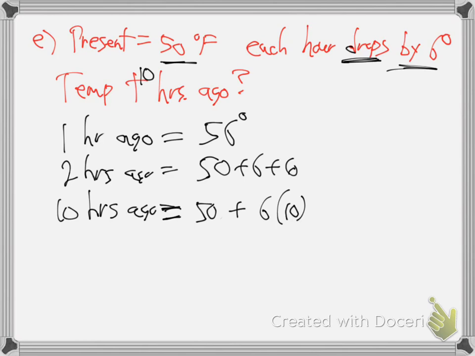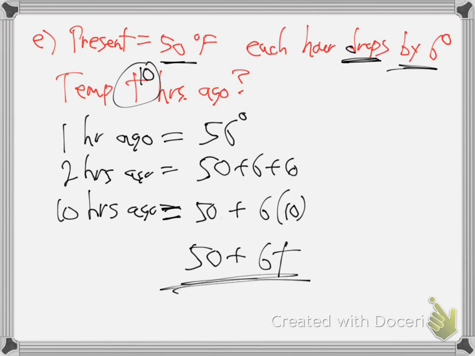So what do we do? 50 plus 6, and what was the 10? That was my T. 50 plus 6T. See how you get the answer with a number you made up, and then you put back in the letter. Does that formula make sense?